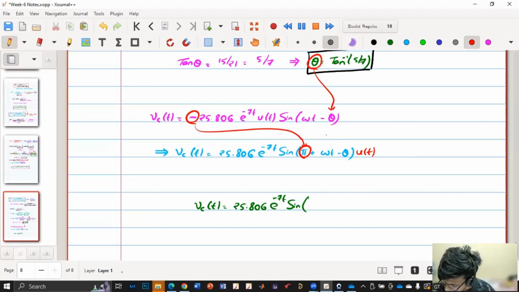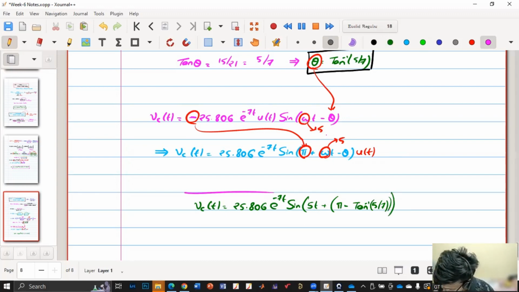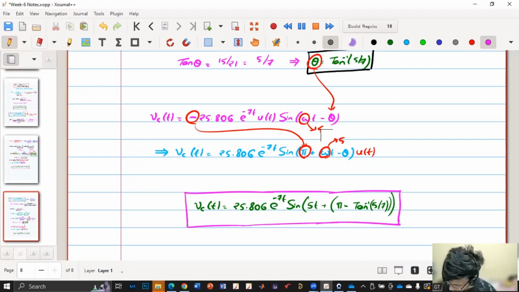So this omega is nothing but 5 here. This omega is also 5, sine 5t, right? So sine 5t plus pi minus theta. Theta is tan inverse 5 by 7. So this is my overall expression for Vc of t. Now I'll just go check whether it is in the given range or not.